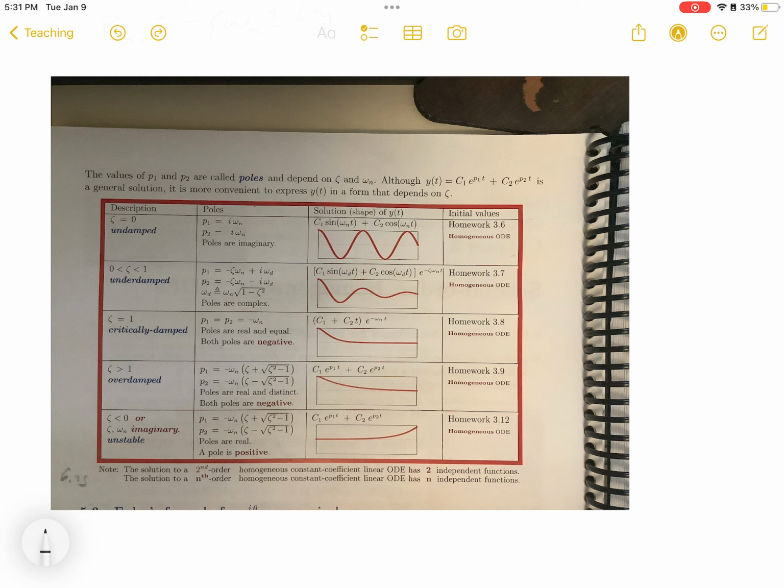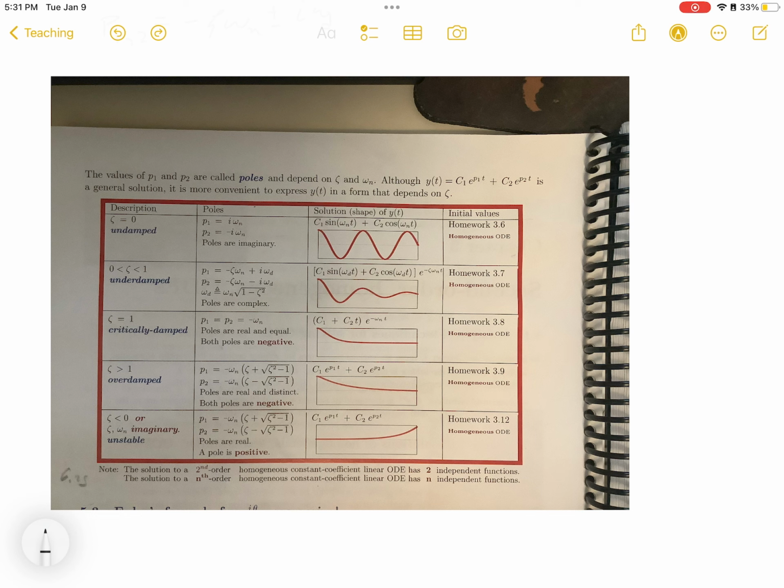If zeta equals 1, the system is critically damped, and the system decays as fast as possible without any overshoot, without going past its final value. And you can see the values there.